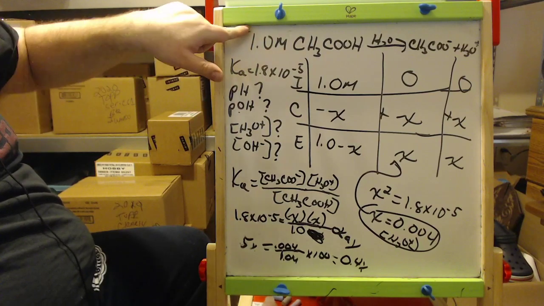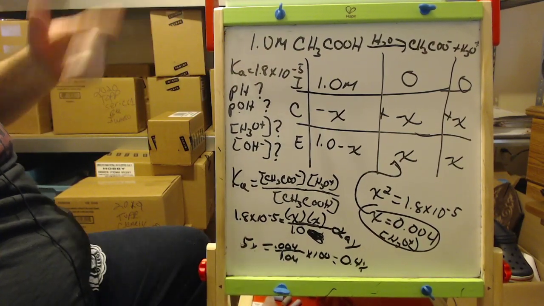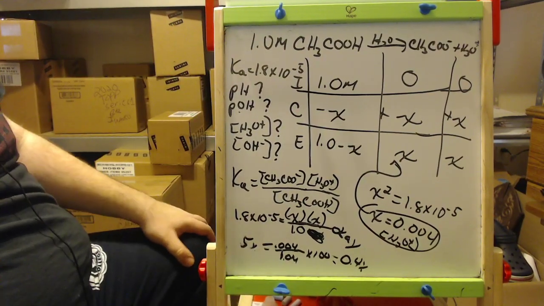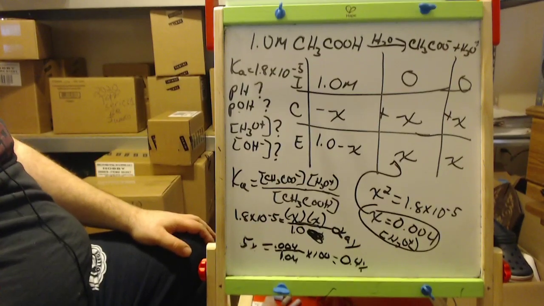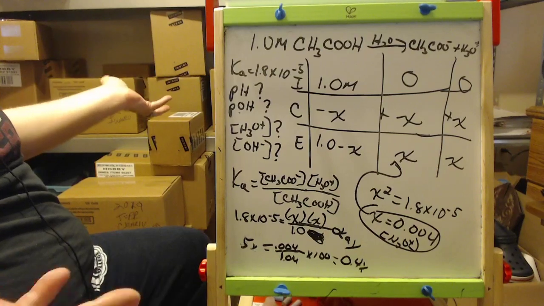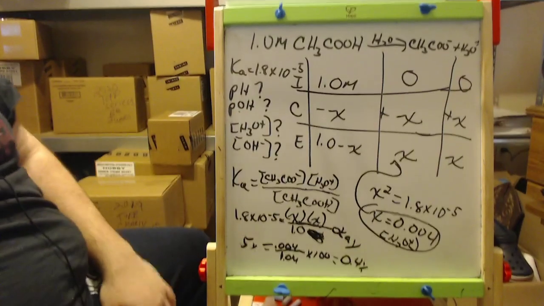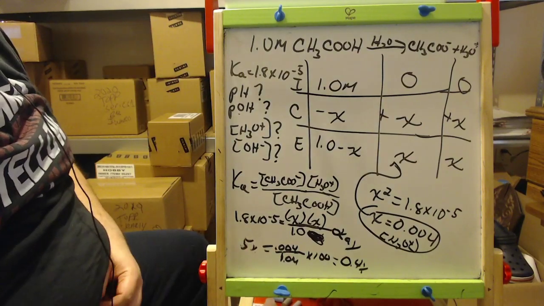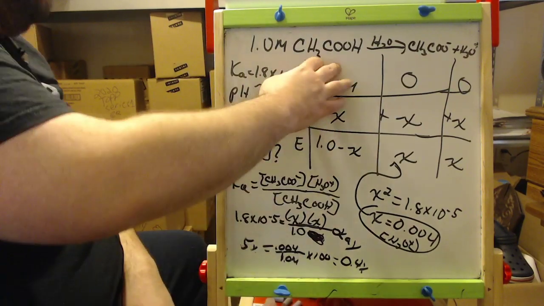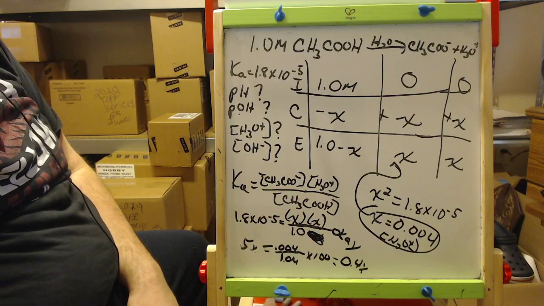This person taught an upper level chem class and didn't like it and didn't even know about the 5% check and said, nope, they'll do the quadratic. I don't want to see this 5% check thing. Even though I explained the numbers are still going to be the same, they wanted to see the quadratic. So I'm not going to say that you're never going to see the quadratic or have to use it for a weak acid or a weak base.